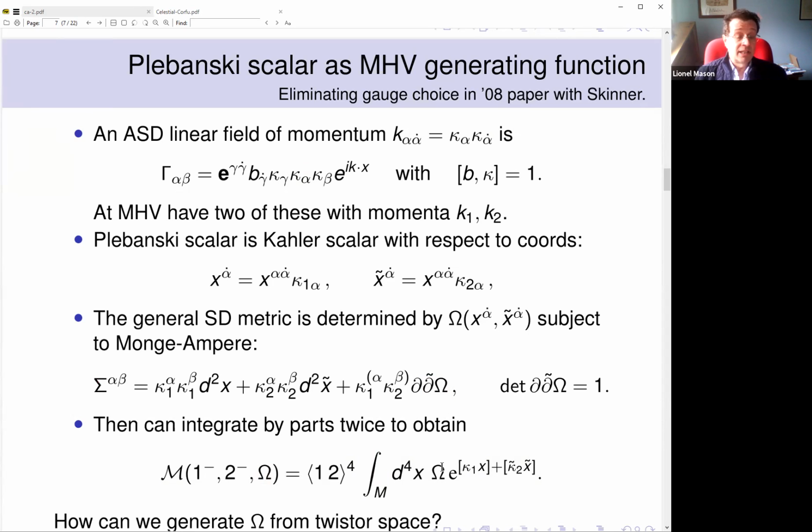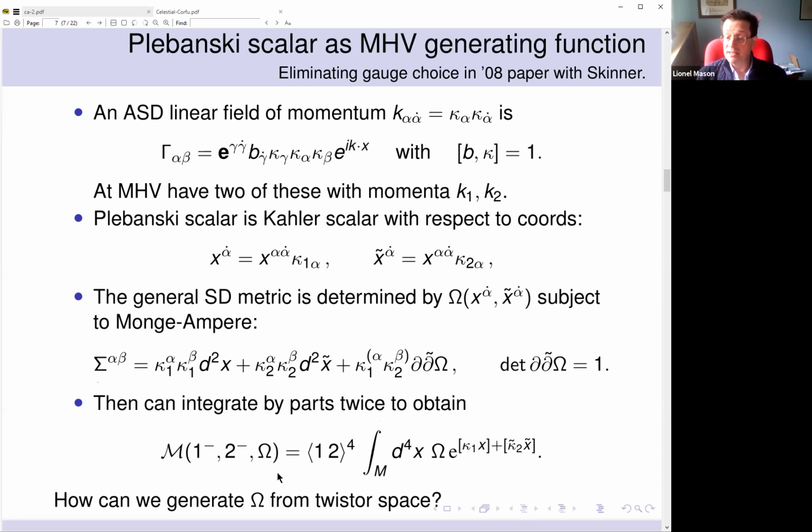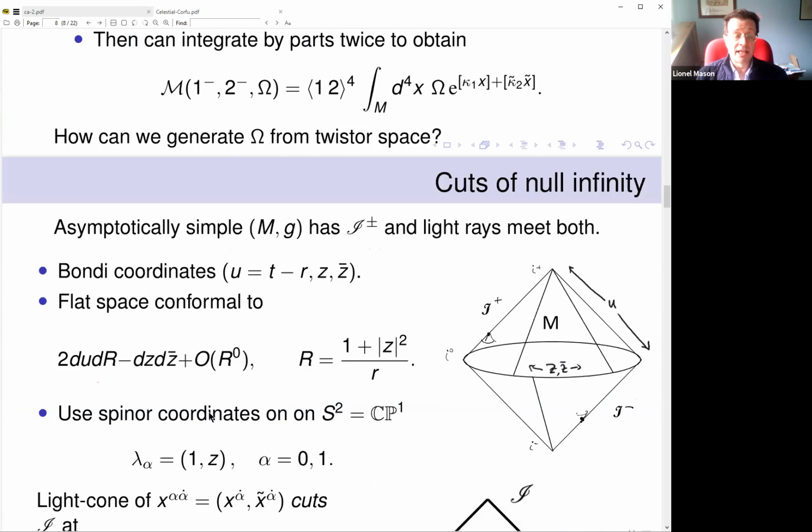This is something that satisfies a complicated nonlinear Monge-Ampere equation. So you're not going to be able to compute that with ordinary perturbation theory on space-time without a great deal of luck or skill. But the point here is that we can generate it from twistor space, and so I'll go on now to describe that. Okay, so that's meant to be the takeaway there.